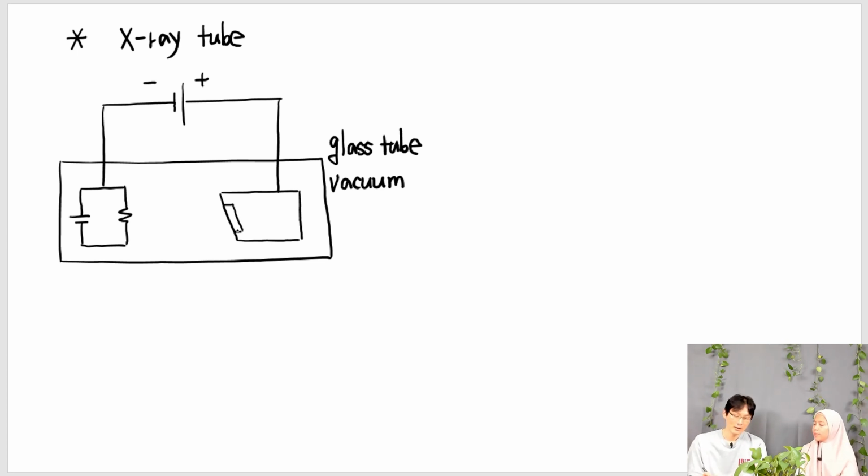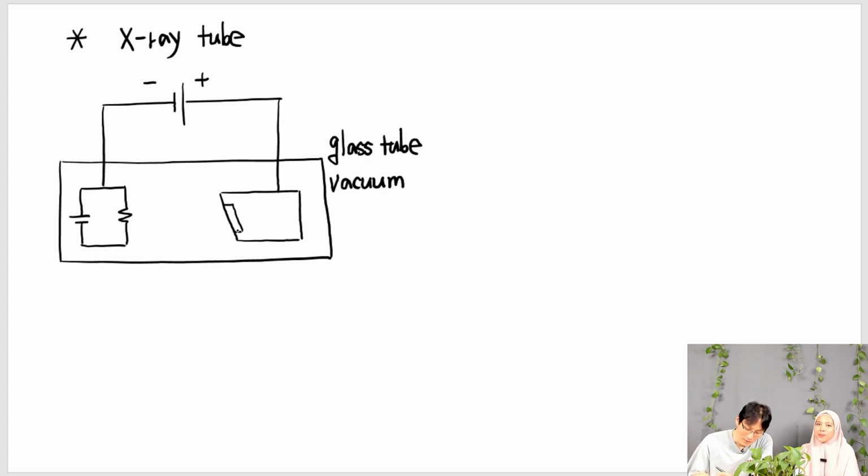Right, it's a very good point. In addition, there is one more issue. Once X-rays are generated from this tube, if there is air inside, the X-rays, just like light, will be absorbed or scattered by the air. That's why we have to make it a vacuum.